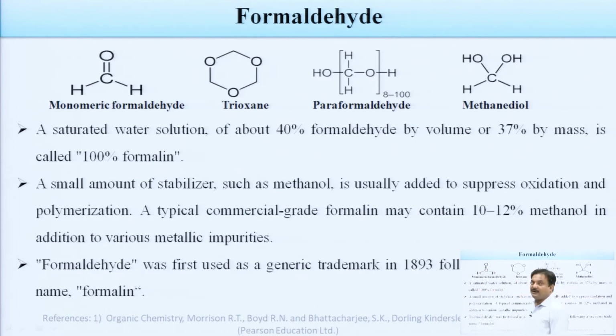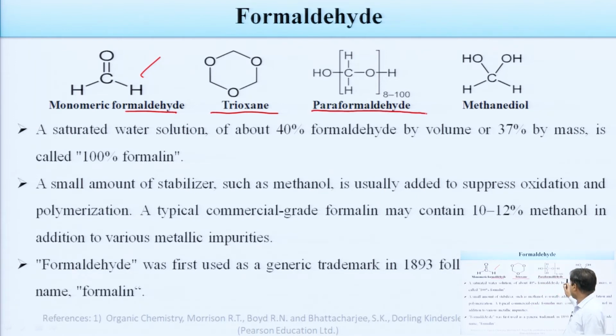These are the structures of the 4 different forms in which formaldehyde can exist. This is monomeric formaldehyde, as we have discussed. It has the same structure as formaldehyde. Then trioxane, as you can see, is a cyclic compound, 6 membered, with 3 oxygens present in the ring.